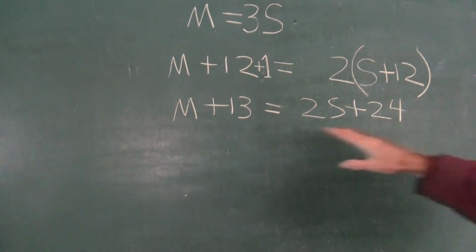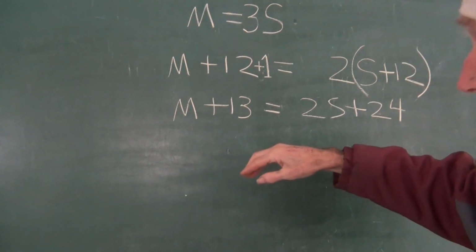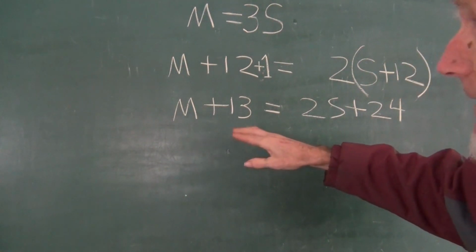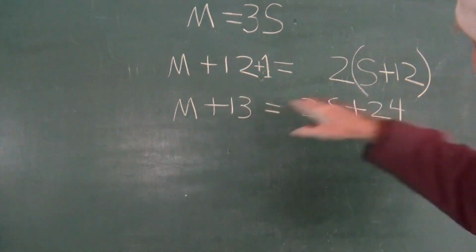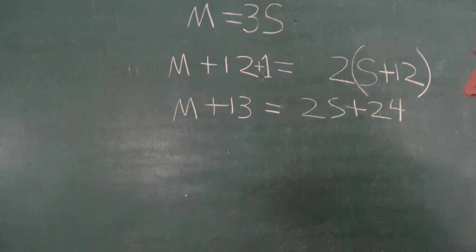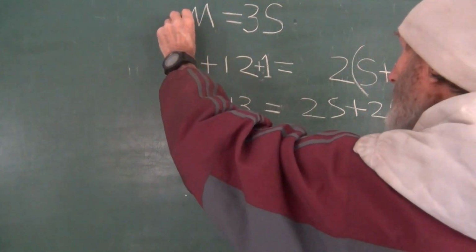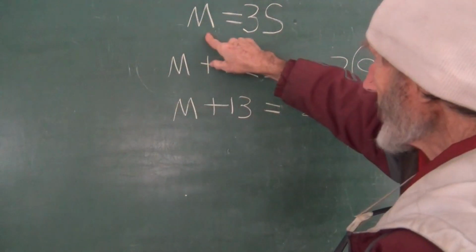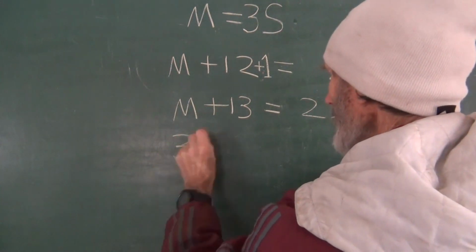Now, this equation here is saying everything that the second sentence is saying. And it looks kind of weird, but that's because we had to have 1, and that's why it's 13 instead of 12 over here. Well, now, wait a second. M equals 3s. So we can substitute here and take that M, and instead of writing M here, let's write 3s.